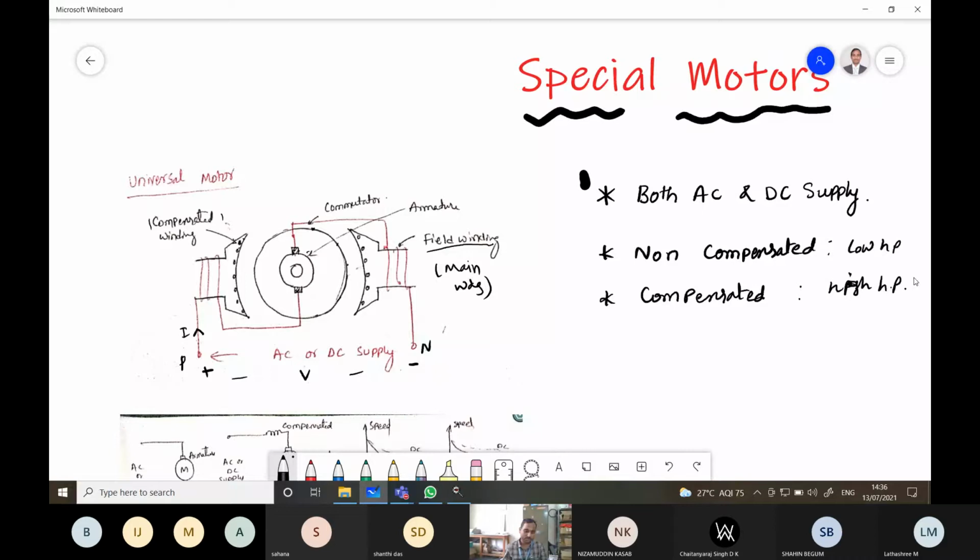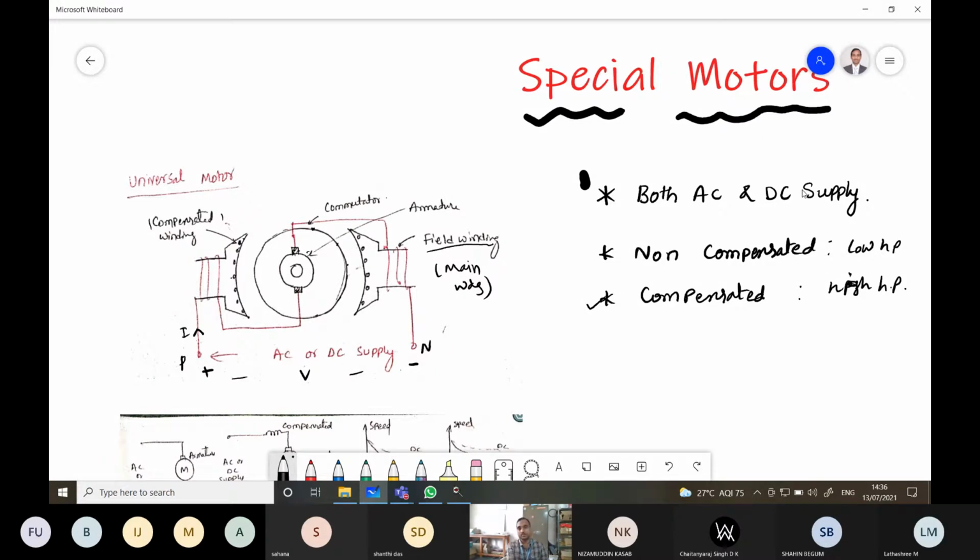So what is the compensated and non-compensated motor? If you use the compensated winding in the universal motor, then it is called as a compensated motor. If you are not using compensated winding, then it is called as a non-compensated universal motor.